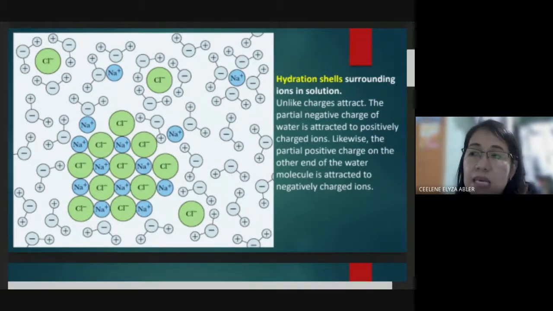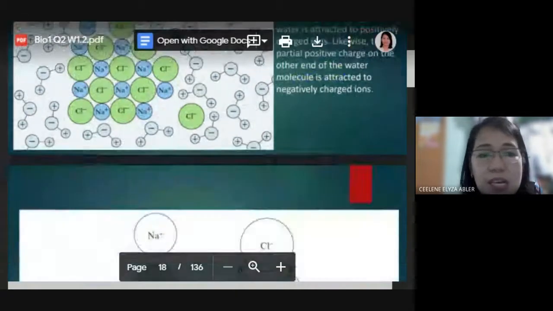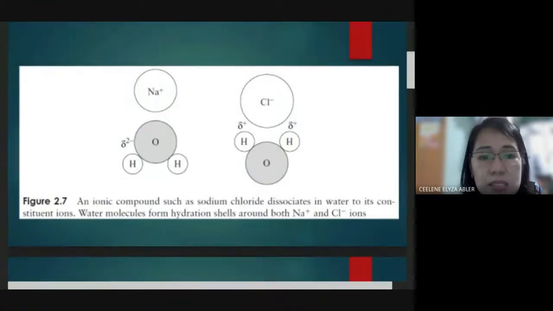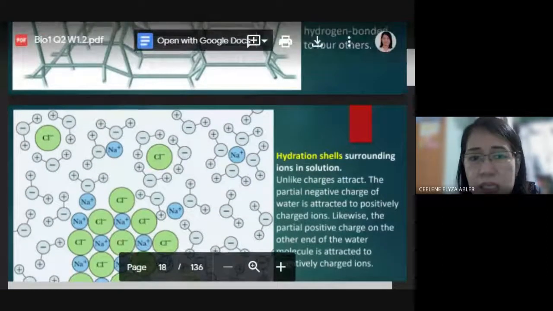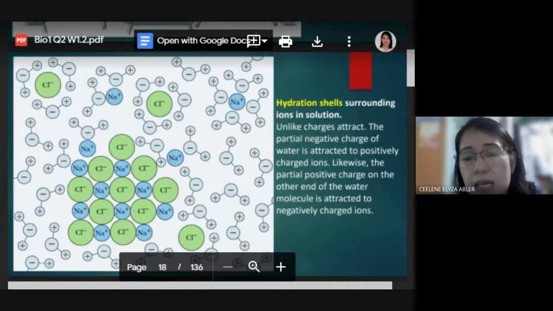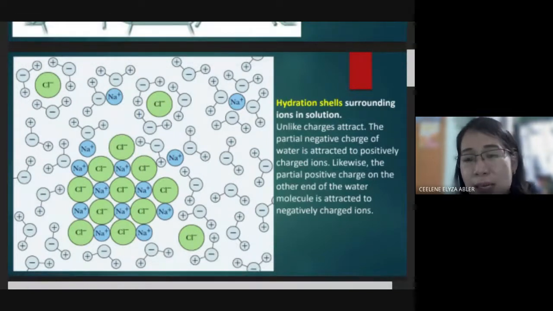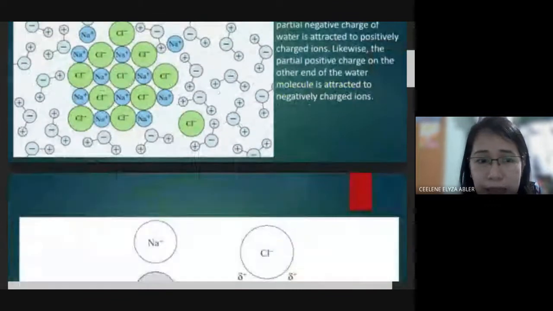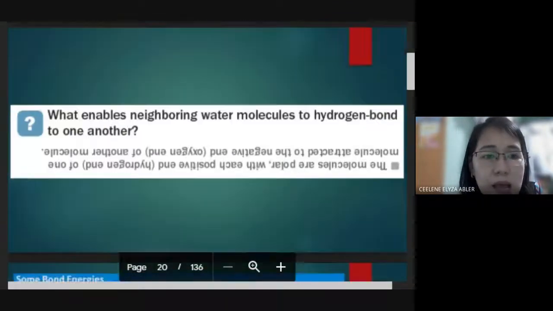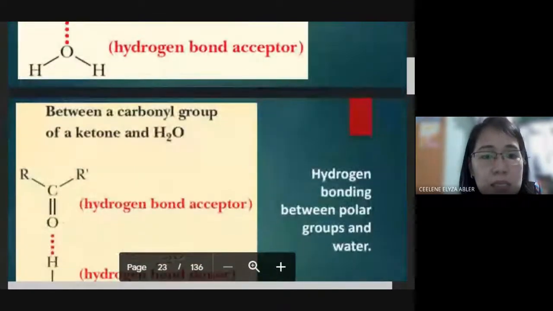Hydrate means it will dissociate and add itself to the compounds or elements para to form another compound. Okay? So, yan siya ang ating hydration shells. This one hindi na siya natin dinagdag sa ating module dahil hindi siya kakasya. Okay, sorry class ha. Medyo marami ang hindi nakasya.